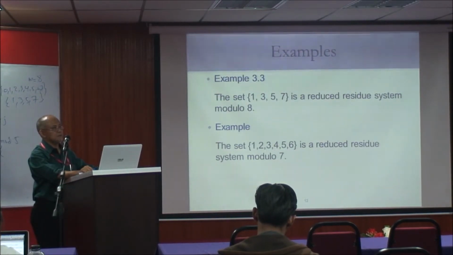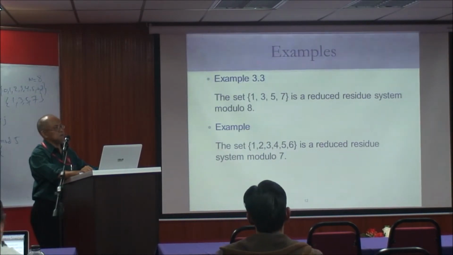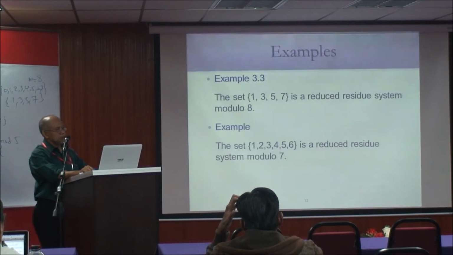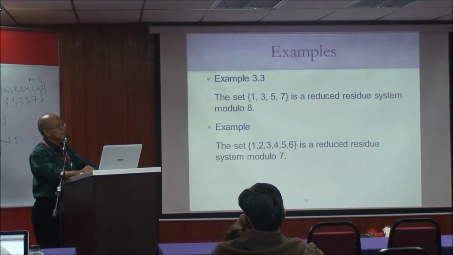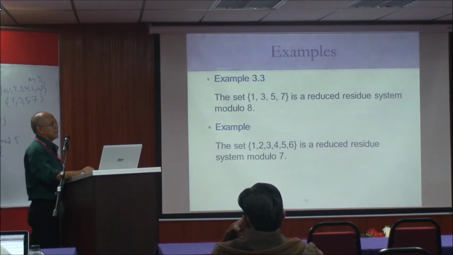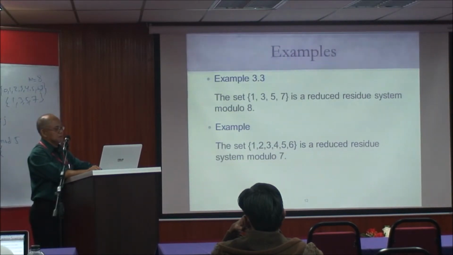So for any given prime p, the reduced residue system is the integers from 1 up until p minus 1, so we have p minus 1 elements. But for any other integer, the number is not exactly clear, so we have 2, we have 4, depending on the integer m.